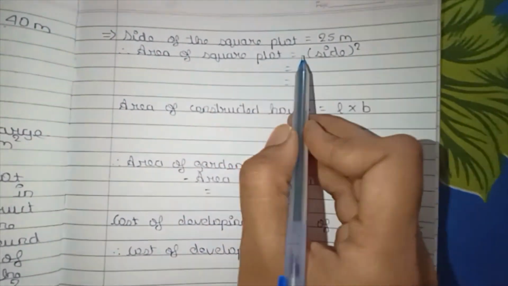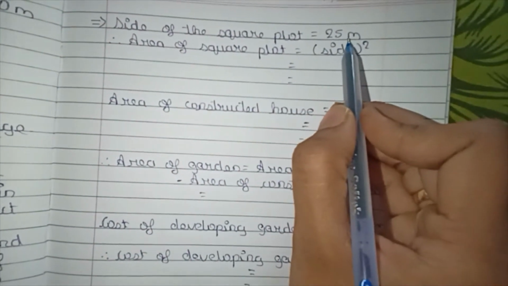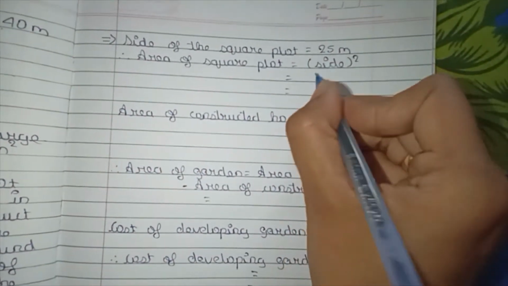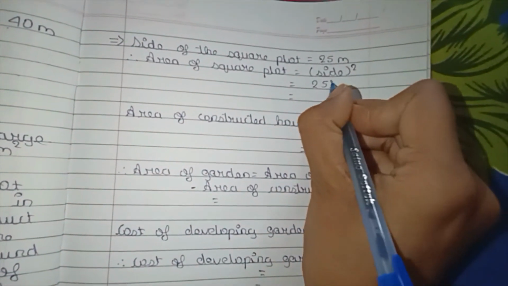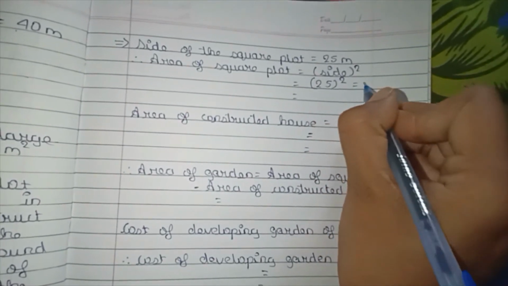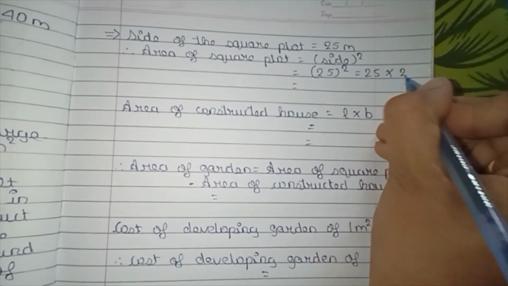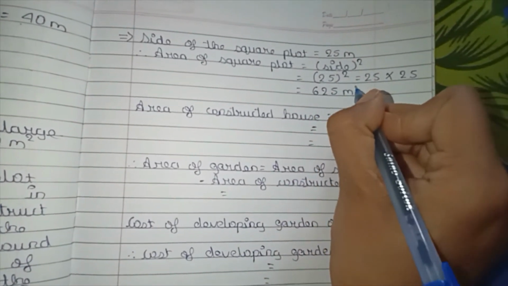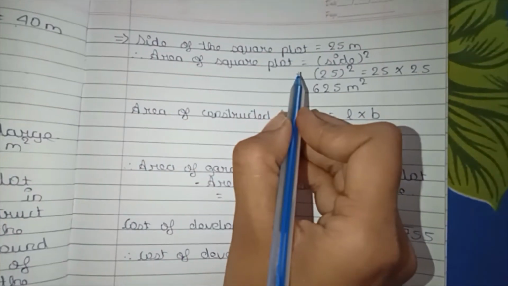Let's start finding out. First, the side of the square plot is given to us as 25 meter. We know the area of a square is side square. So 25 square, that is 25 multiplied by 25, gives us 625 meter square, the area of the square plot.